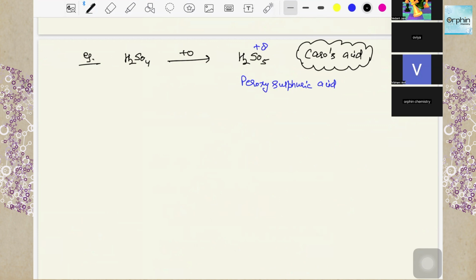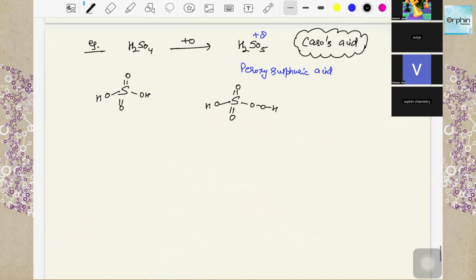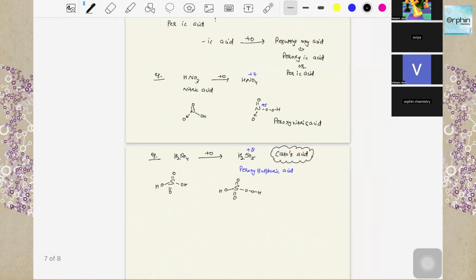Okay. So how to make the structure? It is very simple. If we know the structure of sulfuric acid, we know the structure of peroxysulfuric acid also. It will be just like OOH. Like one OH, you just change it to OOH. But you know what is important? These are not important.